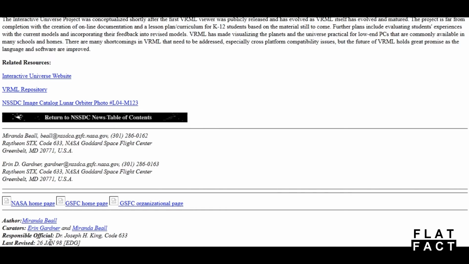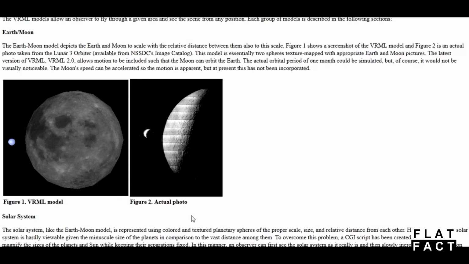So let's have a look at the Earth Moon VRML. So this here says, "Figure 1 shows a screenshot of the VRML model, and Figure 2 is an actual photo taken from the Luna 3 orbiter, available at NSSDC's image catalogue."